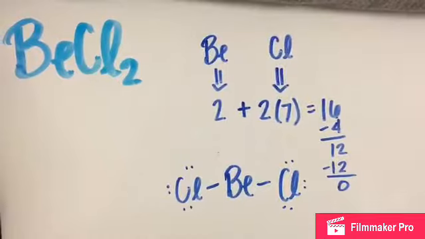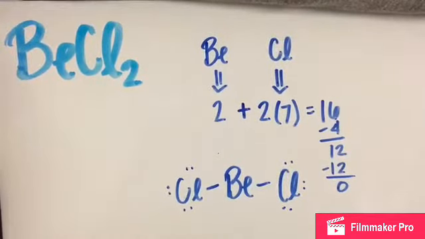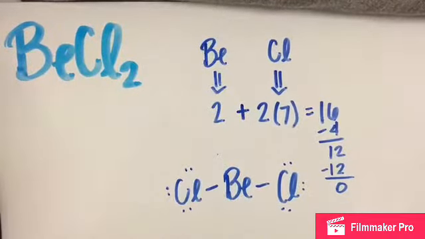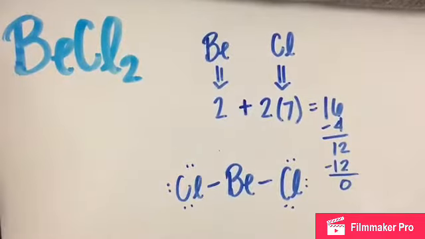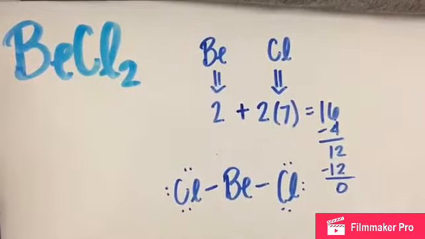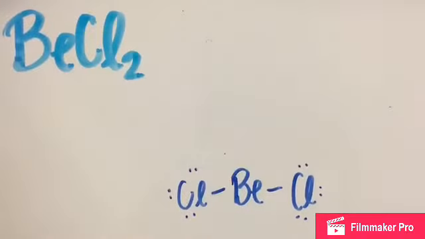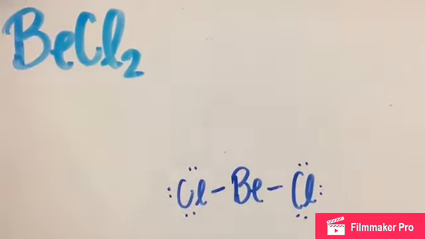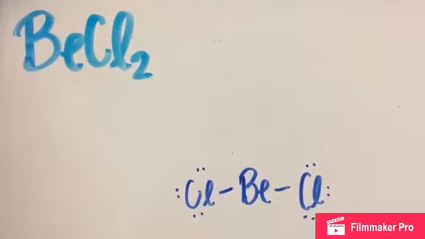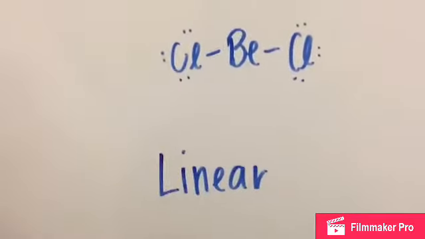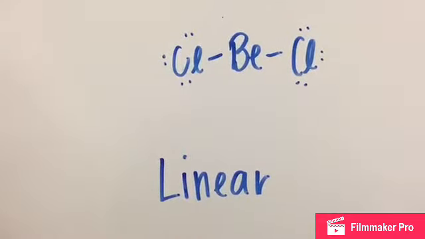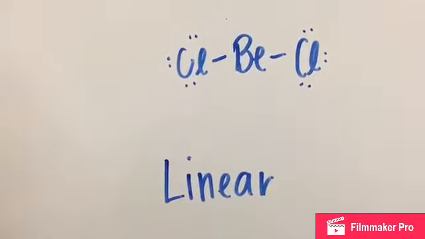We won't make double bonds between the beryllium and chlorine atoms because beryllium is an octet violator and can have a full octet without 8 electrons. Now let's take a look at the molecular and domain geometries. Beryllium has 2 domains, so the domain geometry is linear, and the molecular geometry also happens to be linear.